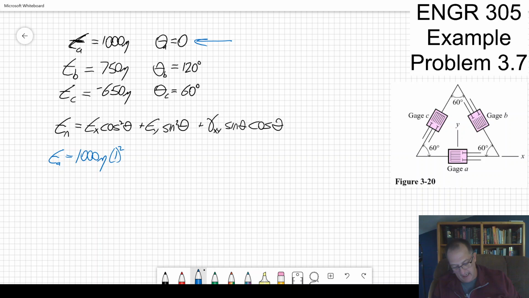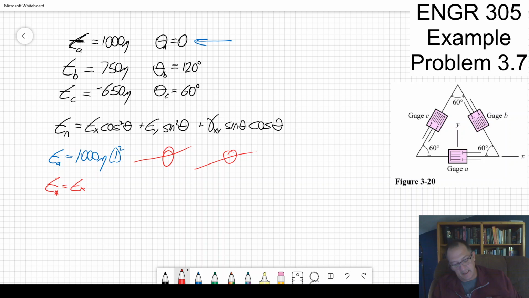And then sine squared, that goes to 0. Sine of 0 is 0. So both of those terms go away, and what you're stuck with is EA is equal to EX, or EX is equal to EA. Ta-da! EX is equal to 1,000.